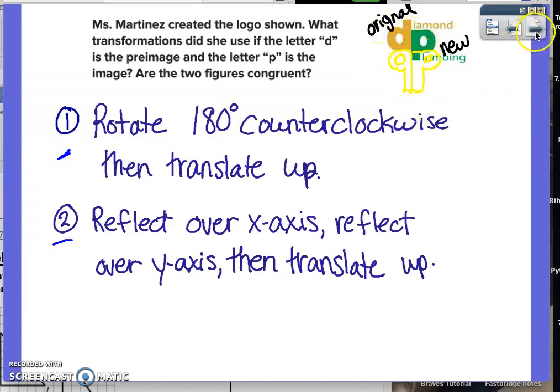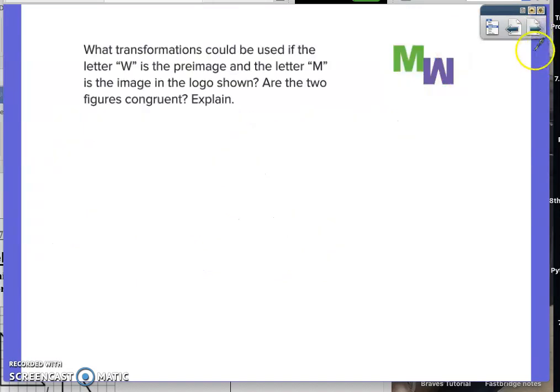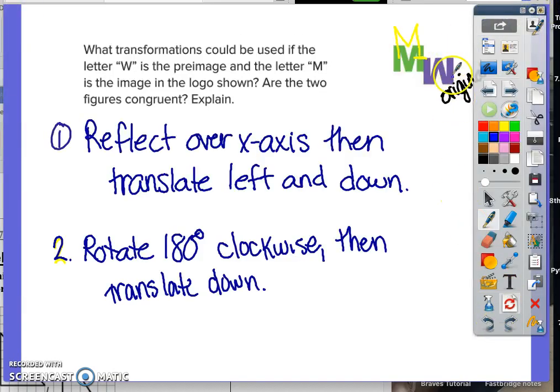So there's not only one way; there's not only one transformation you can do. Okay, this one, what transformations could be used to make the W, which is the pre-image, or the original, into the letter M? Well, you could either reflect it over your x-axis, and then translate it to the left and down, or you could rotate it 180 degrees clockwise and then translate it down.